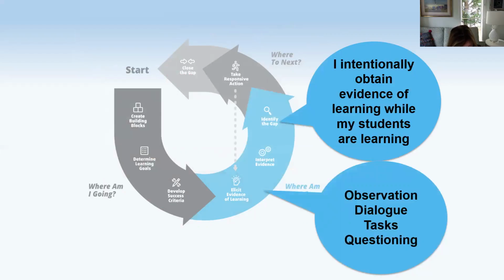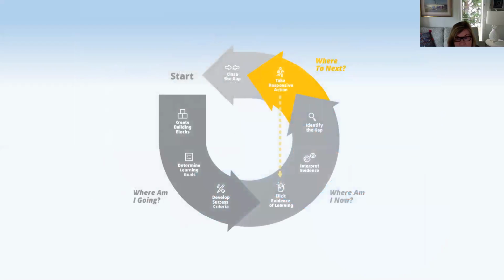And then the next part is the where to next, taking that responsive action. So based on the evidence the teacher has, they take that responsive action, whatever it is, with the goal of keeping learning moving forward.